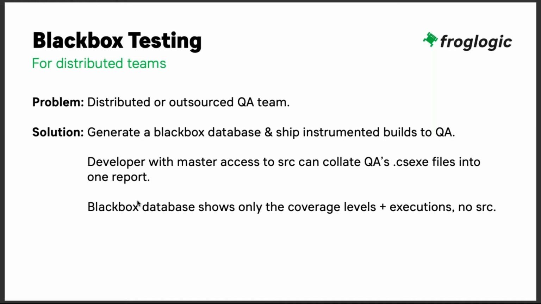It'll record the time of each test. It'll record the state of each test, whether it's passed or failed. It'll also give the coverage percent of each test, but it won't show the source code. And once all the individual QA team members have executed their tests in the black box database, the master developer can merge those into one report with the source code view and get a full picture of the coverage.